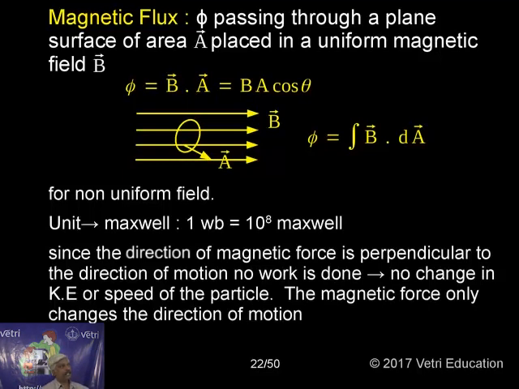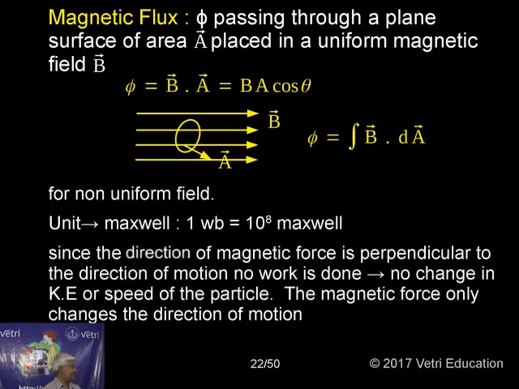If the lines are marked parallel, we can conclude that it is a uniform magnetic field. If they are not parallel lines, it is a non-uniform magnetic field. For a non-uniform field, we can find the magnetic flux by integration, that is, integral B dot dA.